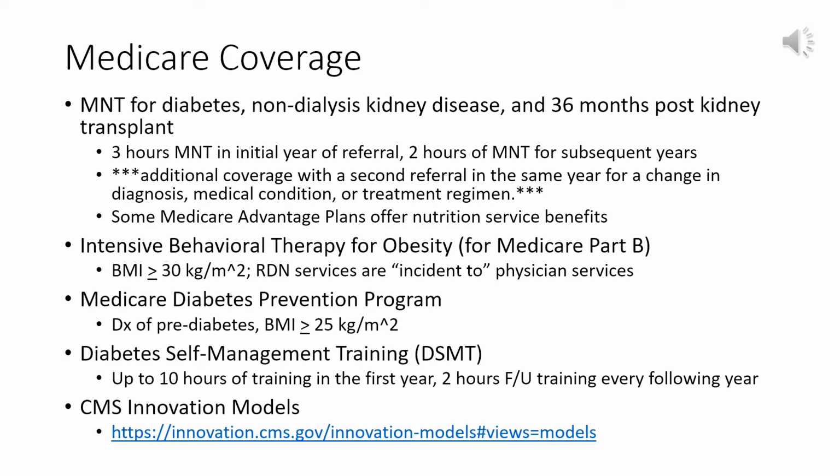It's covered: 3 hours of MNT in the initial year of referral, 2 hours of MNT for subsequent years. I mean, this is nothing that you have to memorize. And the truth is, we're hoping this changes and increases. But you do need to know that you have to refer to these different areas to make sure what the coverage is, who is covered.